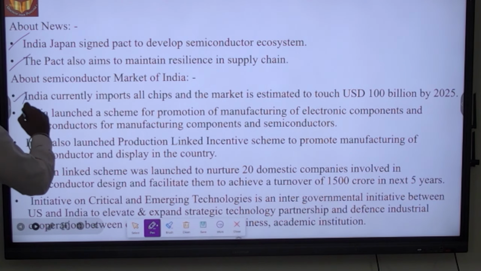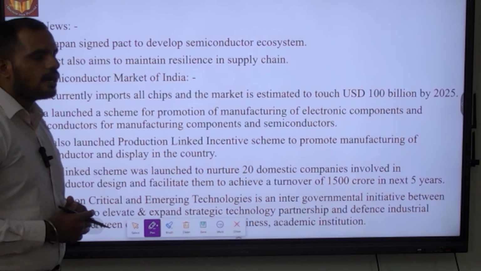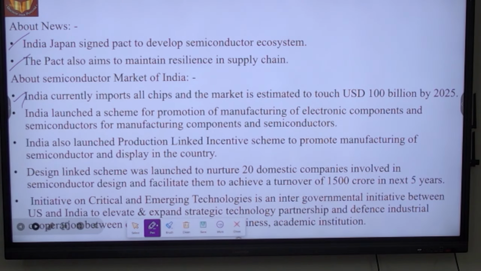India currently imports nearly all the chips, and the market is expected to touch 100 billion by 2025. The market is going to expand because of the technological revolution that is happening across the world, particularly in India, and India is also transforming itself into a cashless and digital society.